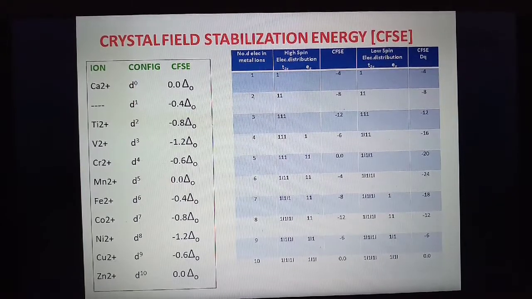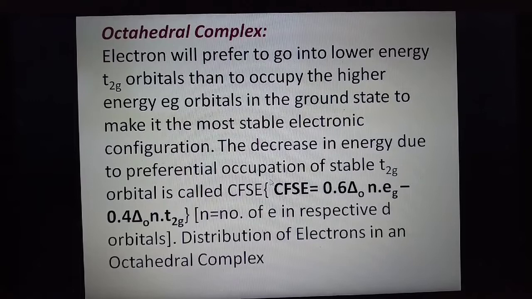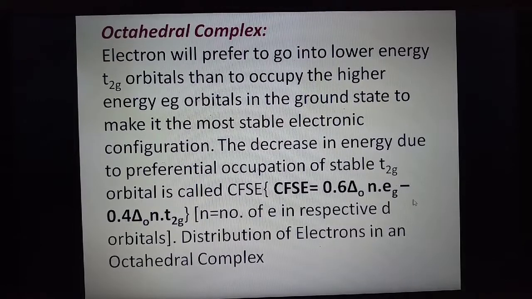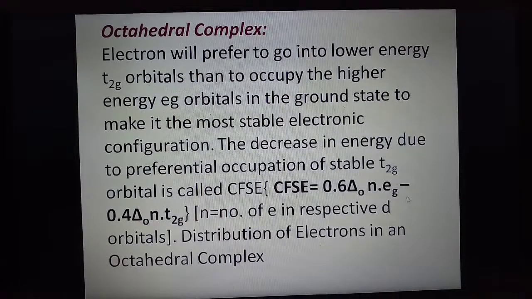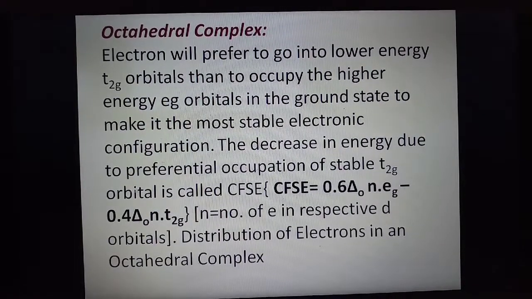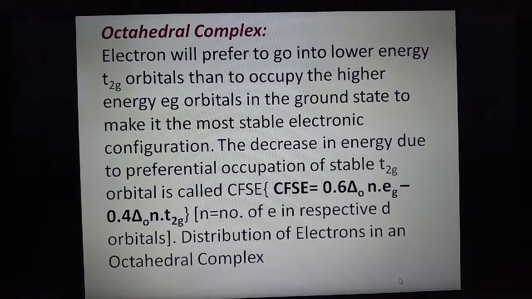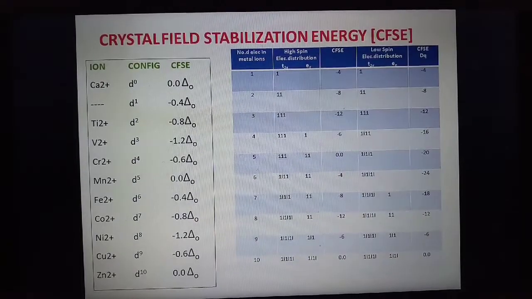I have already told you before this relation: CFSE equals 0.6 for EG minus 0.4 of the splitting energy for the T2G level. If you subtract it, you would be getting these values.